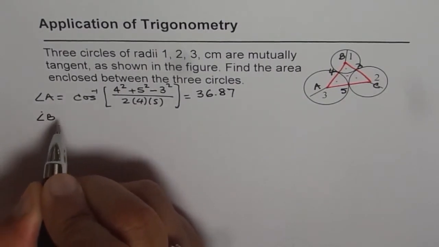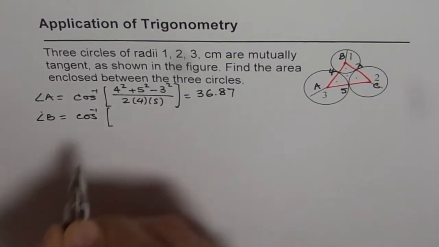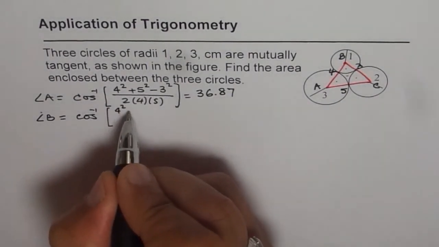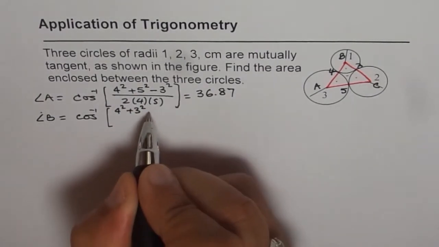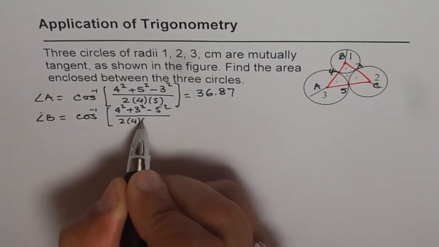Angle B, we know it is 90 degrees, but let's find and check it out, right? So angle B is cos inverse of (4 square plus 3 square minus 5 square) divided by (2 times 4 times 3).